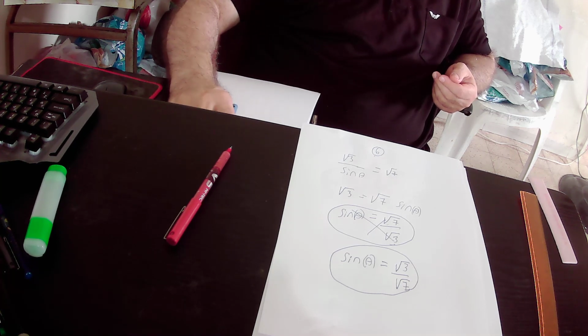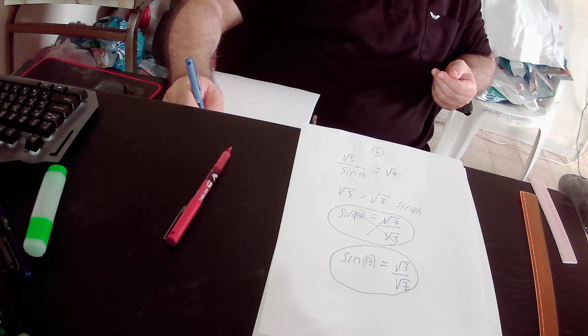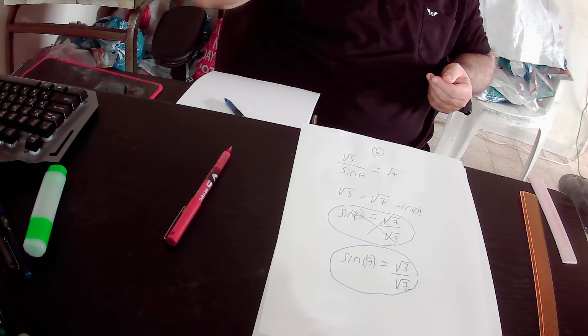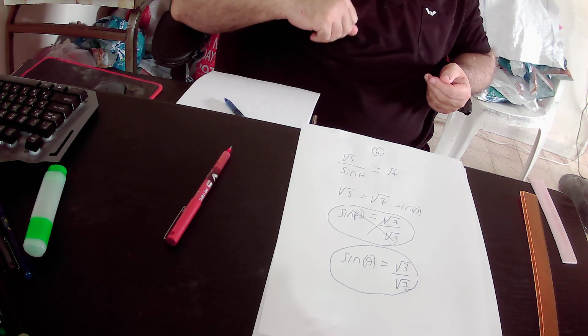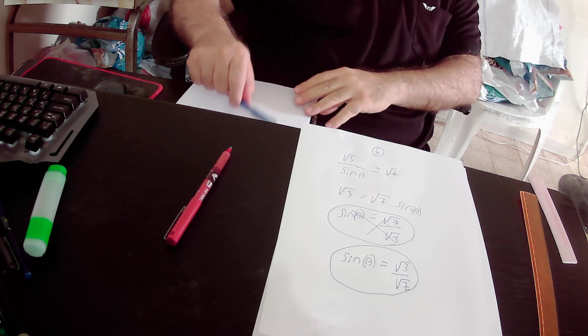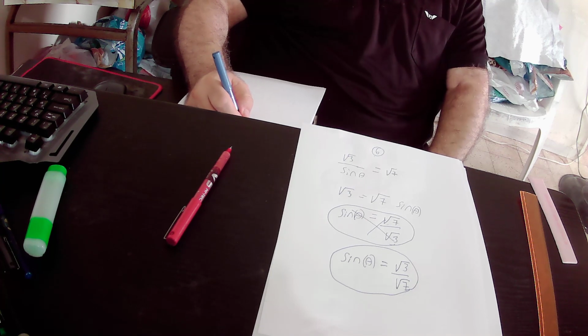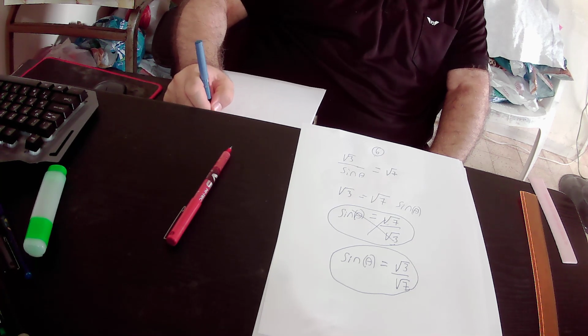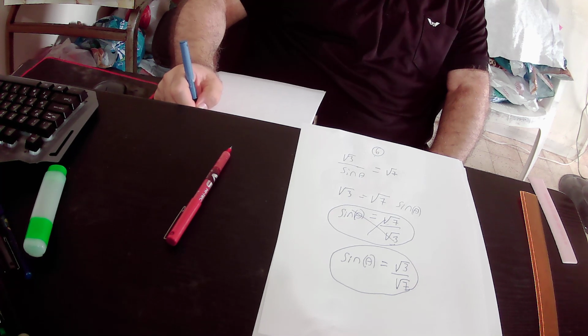Okay, in the next step we will get the value of cosinus theta by using a trigonometric identity that states that sinus theta squared plus cosinus theta squared equals 1.